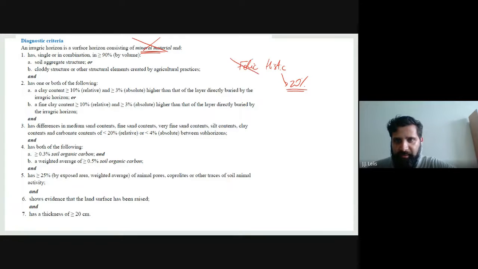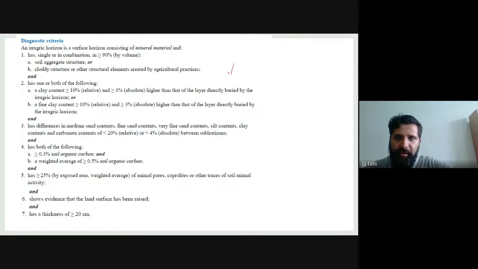So it's quite easy to differentiate folic, histic, and Y. The anthraquic horizon is formed in conditions of water saturation, stagnant water. And here I can't see any influence of this condition. We aren't talking about water table influence, so it's quite easy to differentiate.